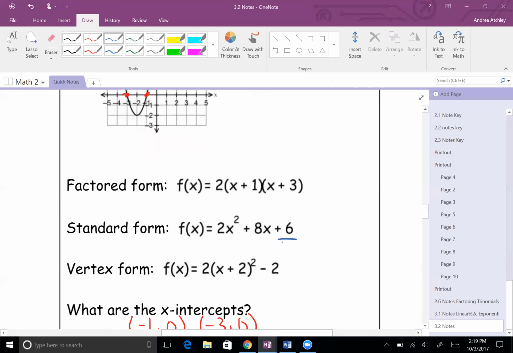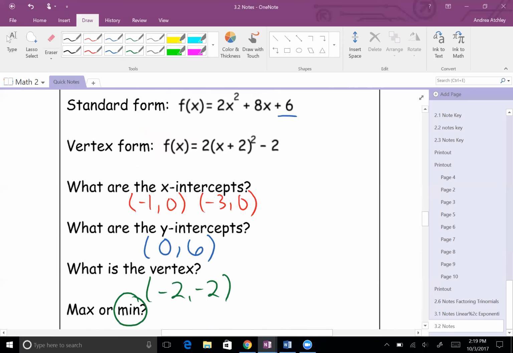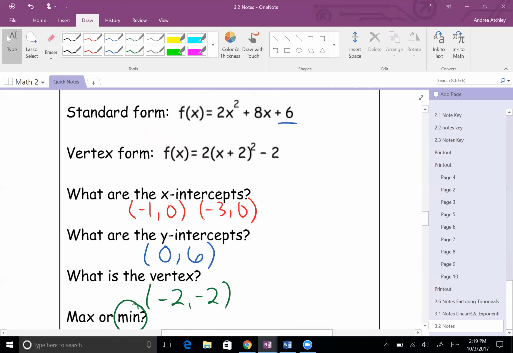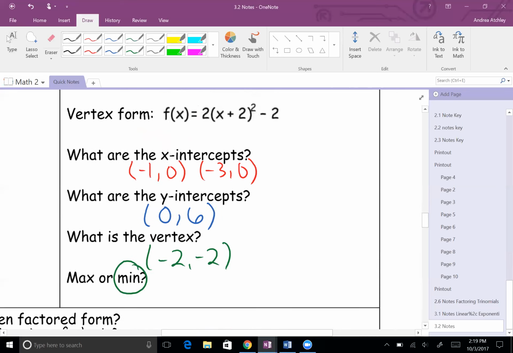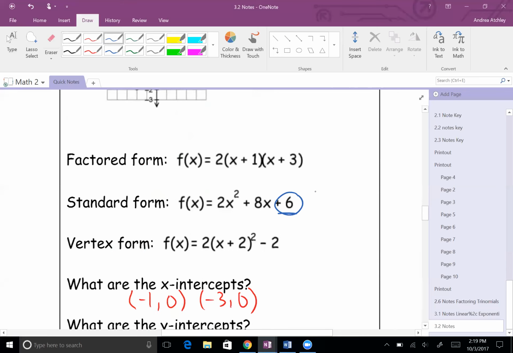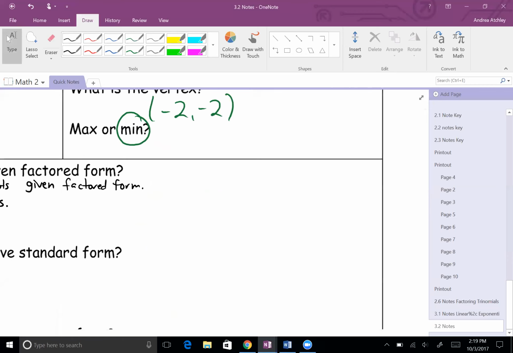In standard form, there's the 6. The y-intercept was 6. Okay. So you can identify the y-intercept given standard form. This is what we call a constant. It's the number without a variable. That's what a constant is. Number by itself. Okay?